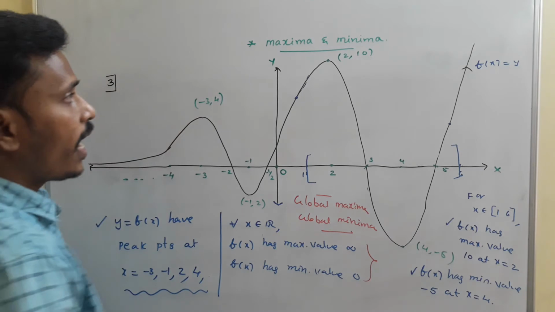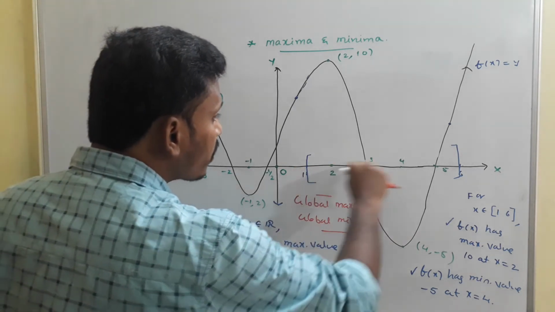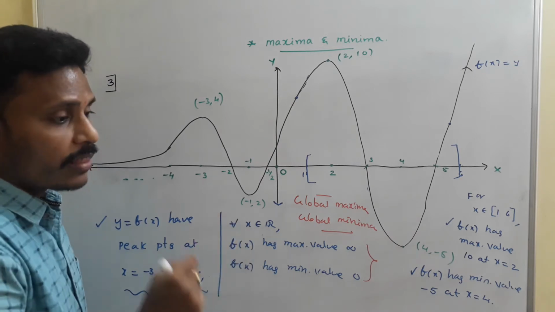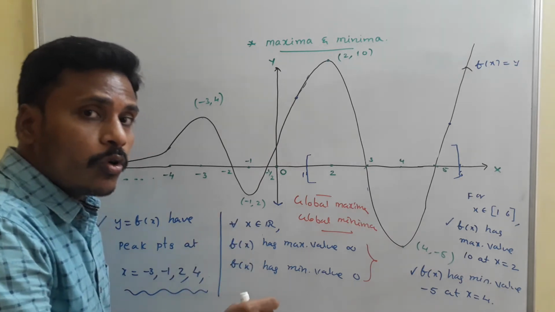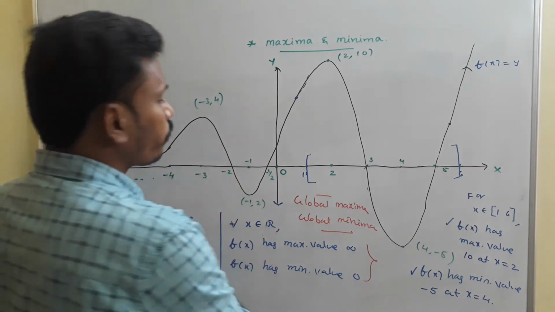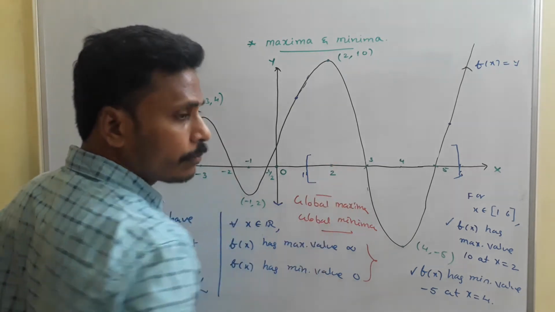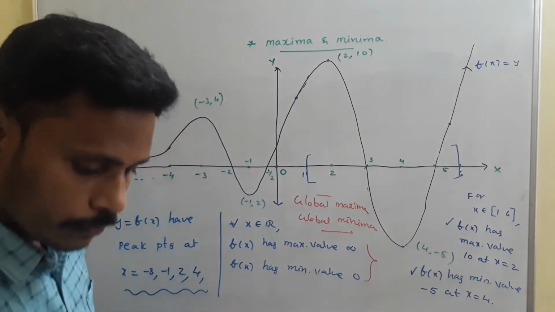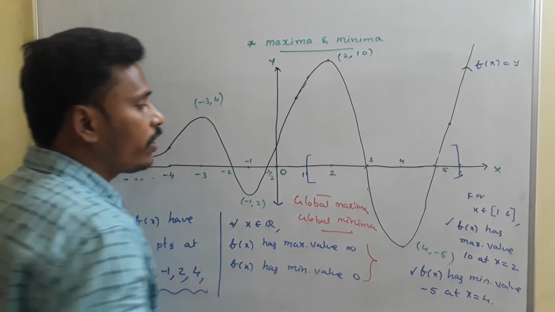Suppose, instead of considering the interval 1 to 6, you think about the maximum value only in the neighborhood of a point. Suppose here I have a point 2. You just consider a very small neighborhood of 2. I think you are very familiar with the neighborhood of 2.